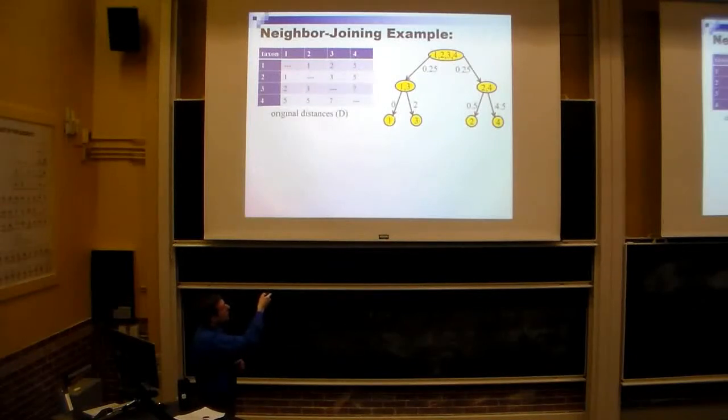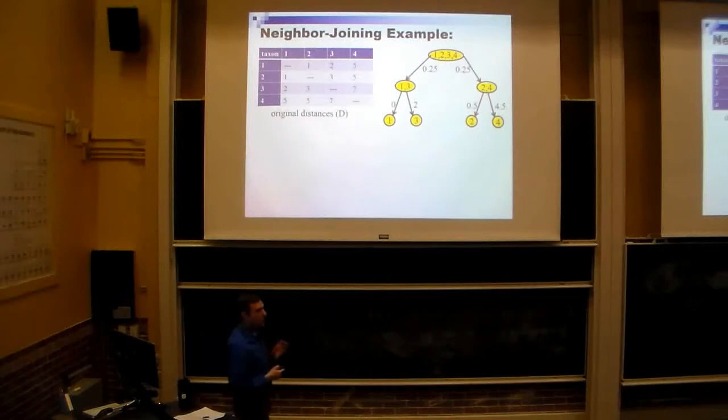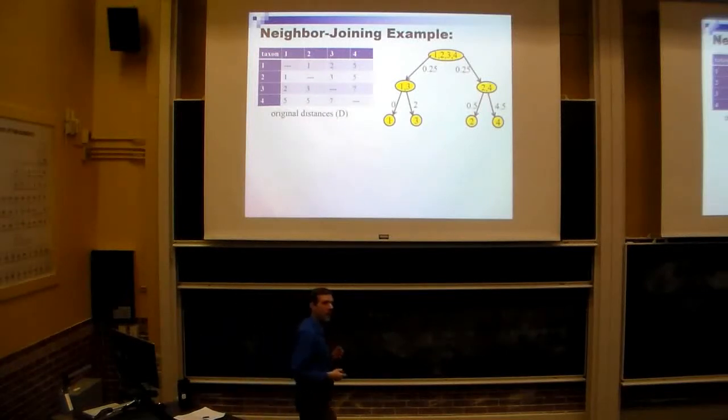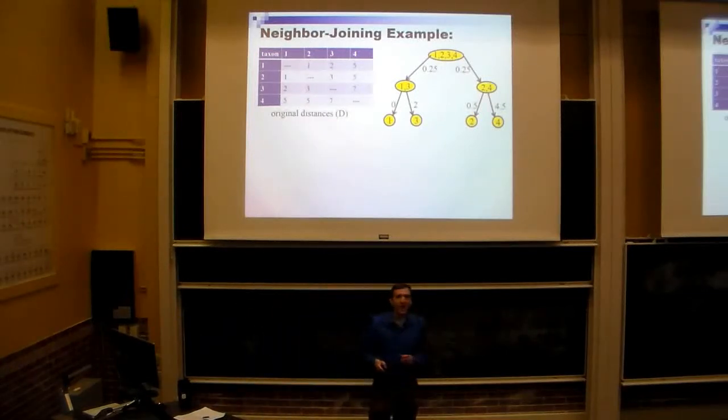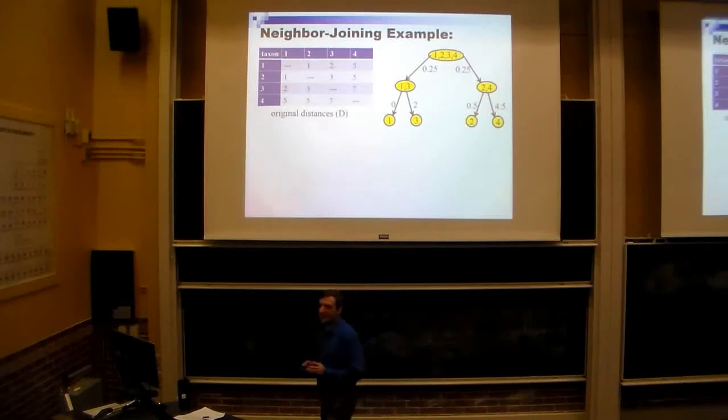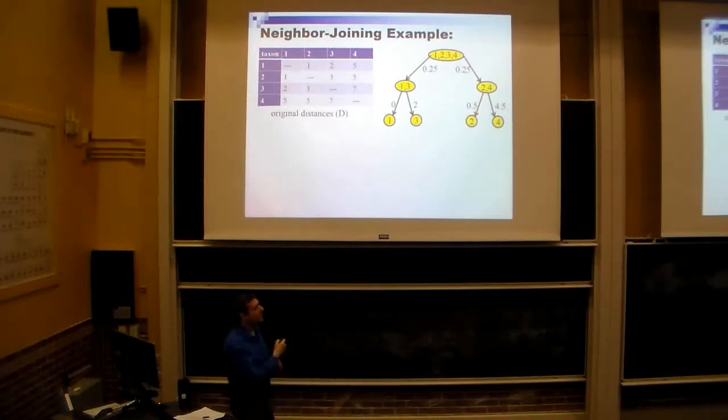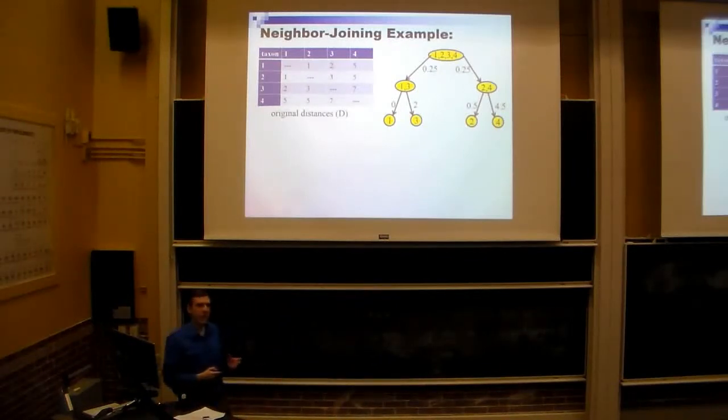If you add these up, you get 0 plus 0.25 plus 0.25 plus 0.5, so that's 1, and 1 to 4 should be 5. 0 plus 0.25 plus 0.25 plus 4.5, that is 5. And if we look at any of the other pairs, it will add up the way it should add up. So this is going to give us an algorithm that will get something that matches our original distance matrix and does it in the way that minimizes the cost of evolution.